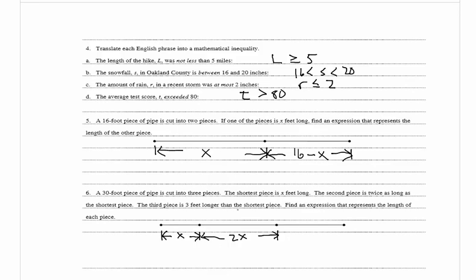And now it says the third piece is 3 feet longer than the shortest piece. And if the shortest piece is x and we're 3 feet longer, we're going to have x plus 3 for this piece.